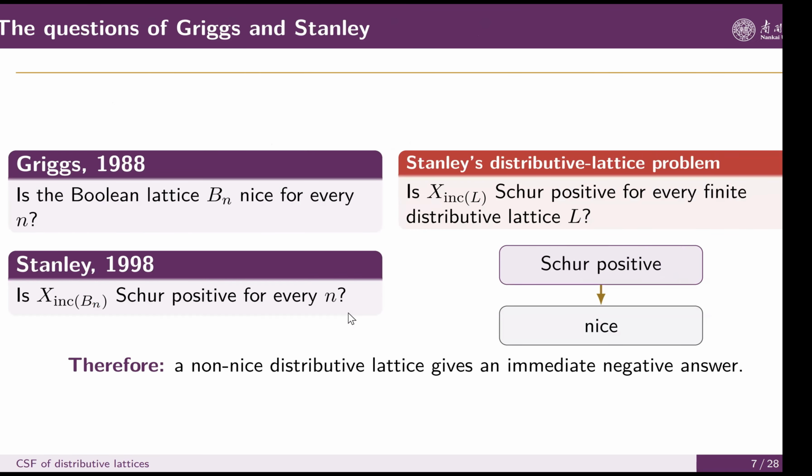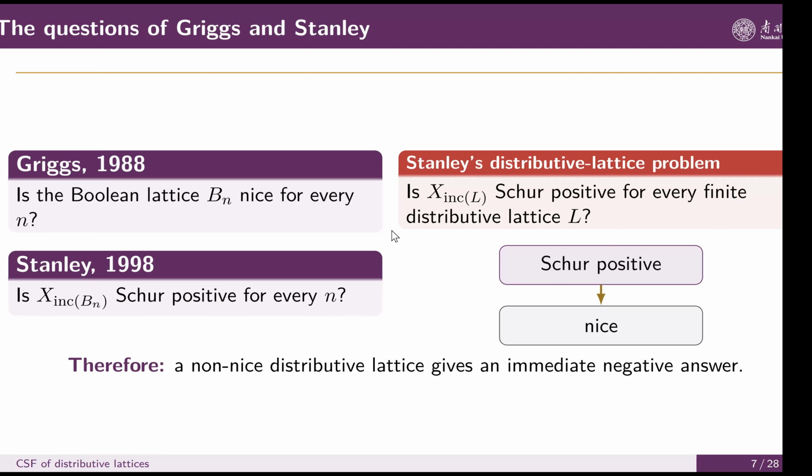Next comes the questions. Greene in 1988 proposed a conjecture or question: is the Boolean lattice B_n nice for every n? Since Schur positive is stronger than the nice property, Stanley has a stronger version of this problem: is the chromatic symmetric function of inc-B_n Schur positive?